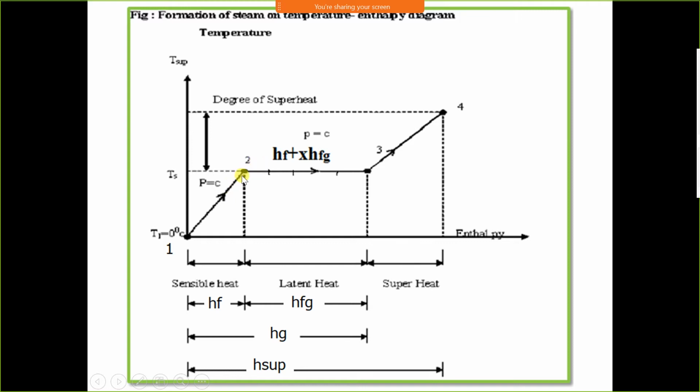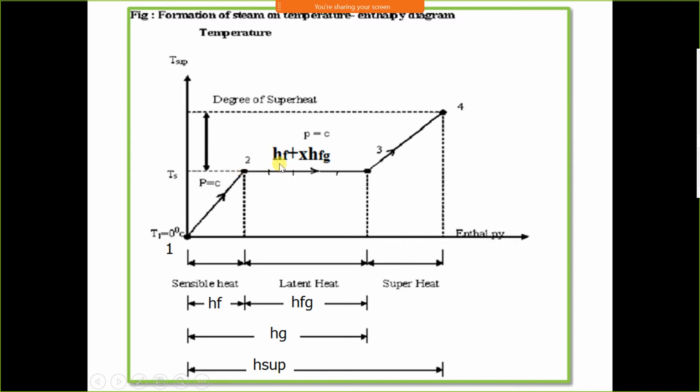From this we can say, as the pressure increases, boiling temperature increases. Saturation temperature of water is nothing but the boiling temperature. As the pressure of water increases, boiling temperature also increases. As the pressure of water decreases, boiling temperature also decreases.